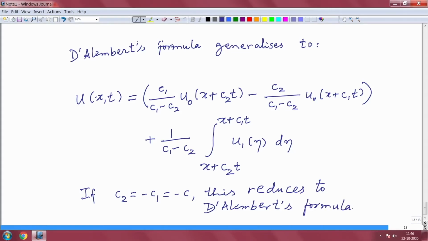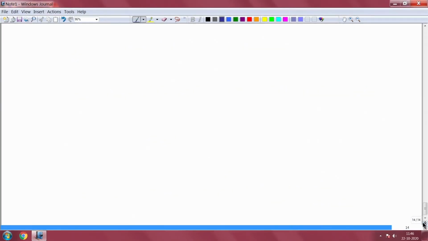Now, an interesting case happens here. So, in this general setup, when you take a second order operator with 2 speeds. Okay.